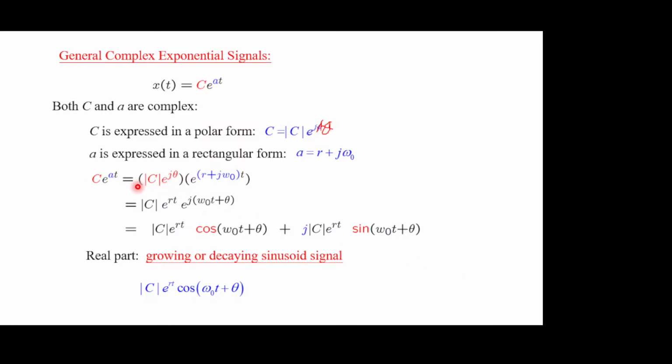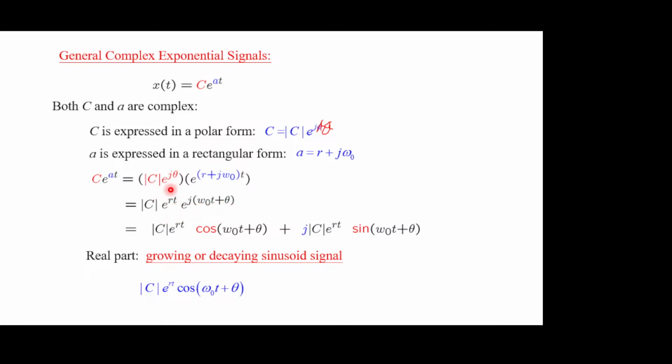And anyway, C equals this and A equals this, then we can pull things apart. So we separate this e to the rt outside, and we can move this e to the j theta inside. So we get a form of the complex exponential with something linear in t. So we have omega naught t plus theta.